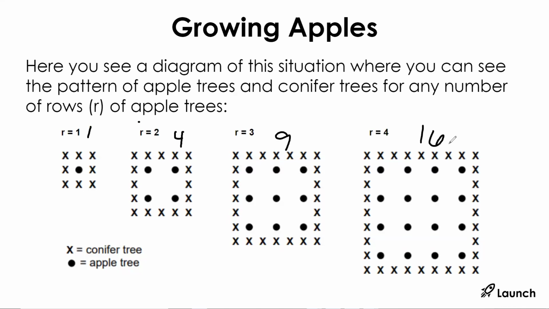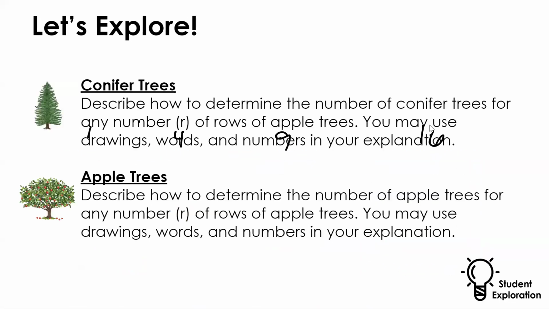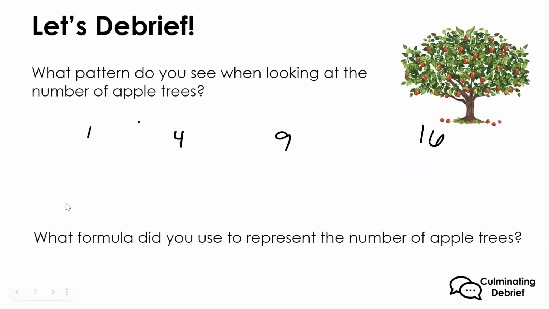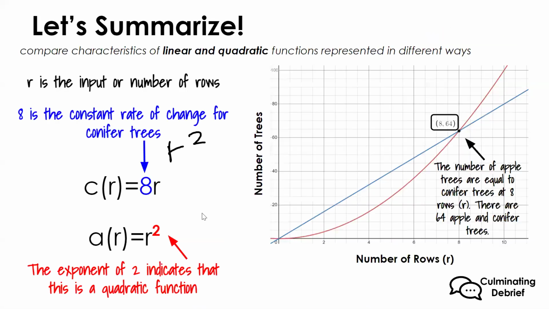What do we call those numbers, 1, 4, 9, 16? What kind of function do you know we're dealing with here, what we've been talking about? Quadratics. Okay, so we know that we're taking the row number and squaring it. So take your row number and square it.